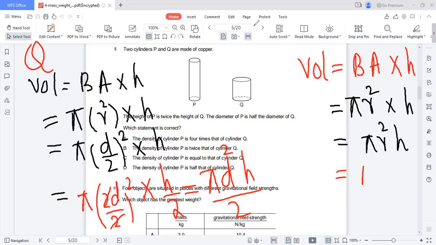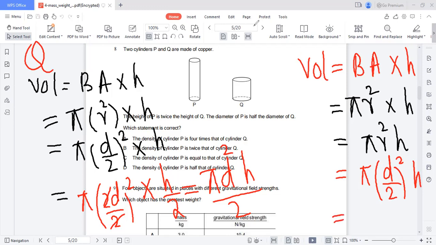So let's move to this one. It is pi, and instead of r I'm going to put d by 2, because diameter is half in case of this long cylinder P, but height is 8, suppose.